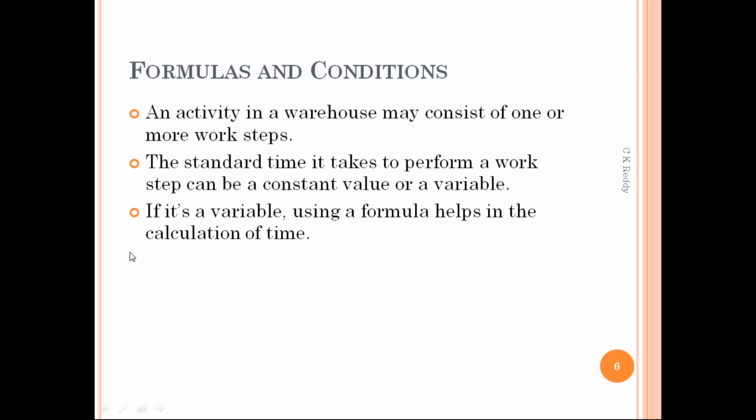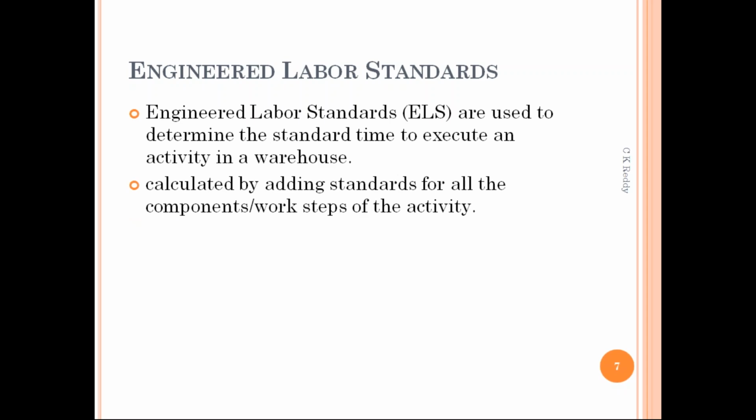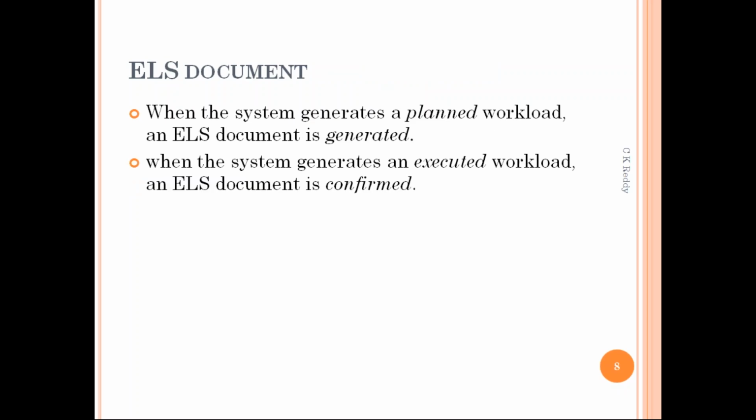Okay, and if it's a standard calculation, directly we can keep that value there. If it's variable, we can use the formula, okay, to calculate the timing. This engineered labor standard is the area where we can maintain all these formulas and conditions to trigger against our external steps. Okay, these things. And when the system, yeah, ELS document, engineered labor standard document.